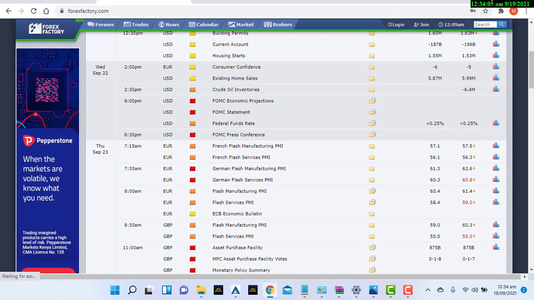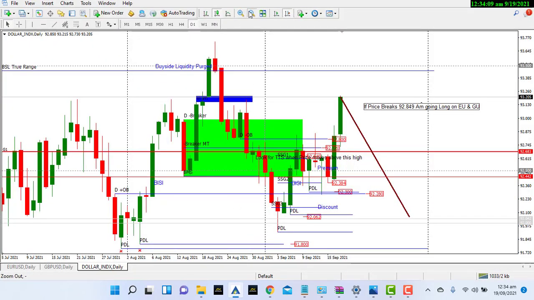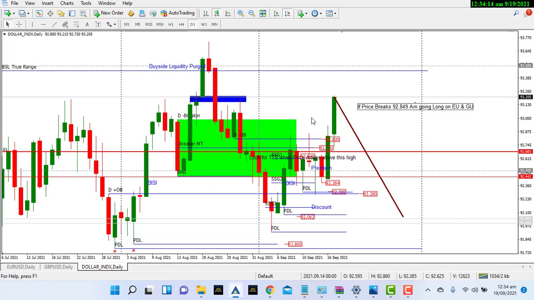So I believe that news release will be a catalyst for price to drop down on the dollar index, to take out the lows as I was expecting last week in the review. So let's just watch and manage our positions very well.